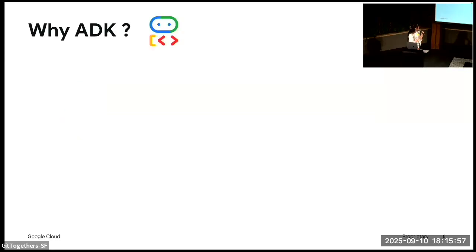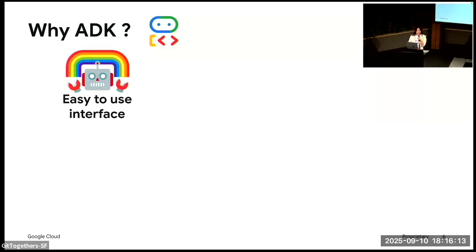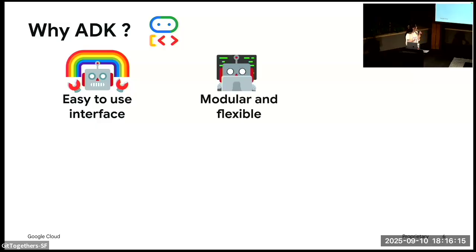Before we continue, I'm going to talk about why we want to use ADK, because some of you don't know what Agent Development Kit is. We have so many agent frameworks now. We have Crew AI, we have Pydantic AI. Why would you want to use Agent Development Kit? Because it's very easy to use, modular, and flexible. I'm going to show you really soon.